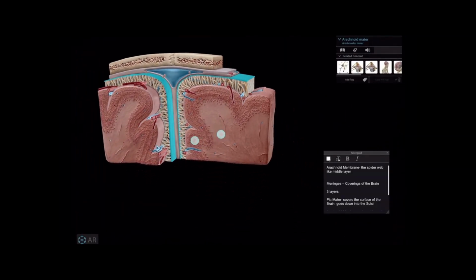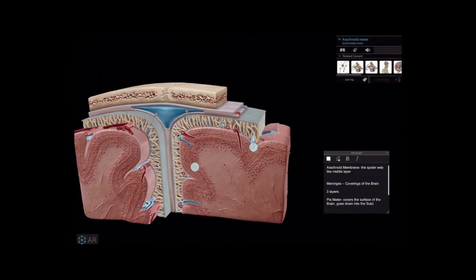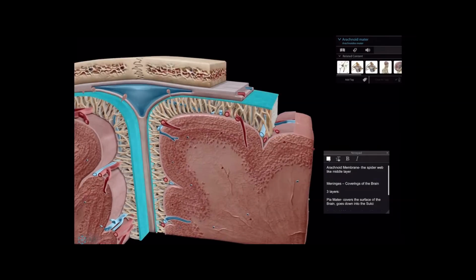Here we go. This is the arachnoid membrane. So just to give you some context, remember this is our pia mater, right on the brain. And this is our arachnoid membrane or arachnoid mater, the spider web-like middle layer.